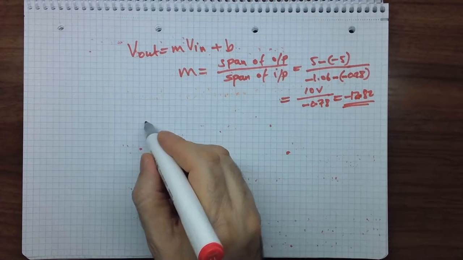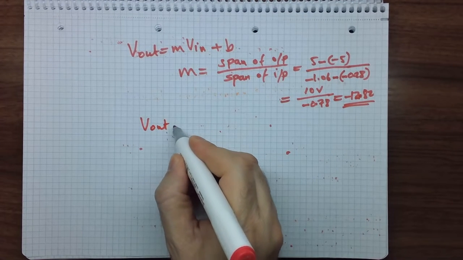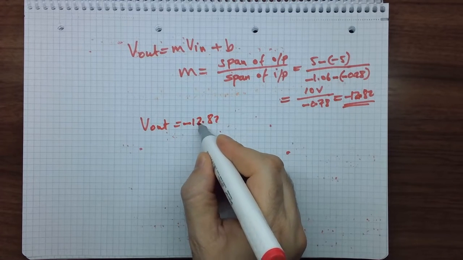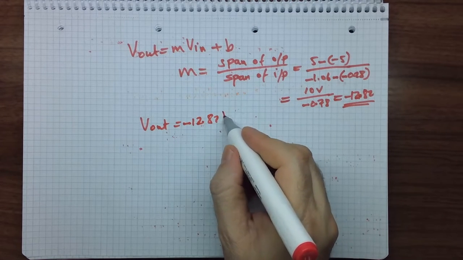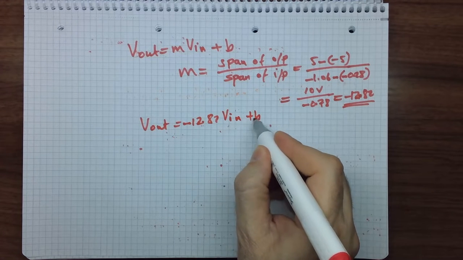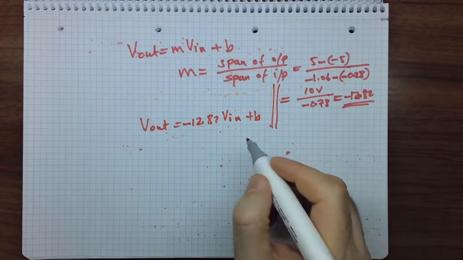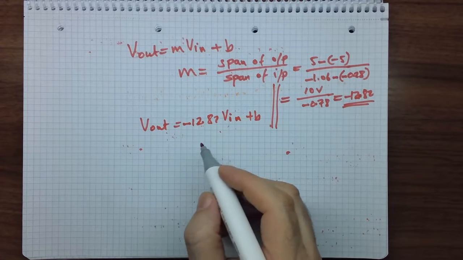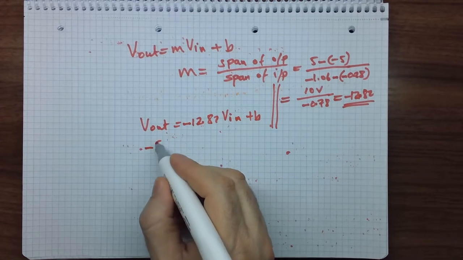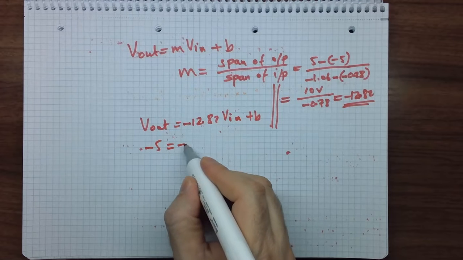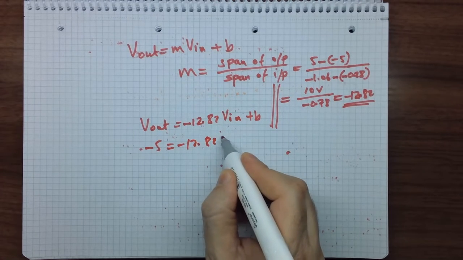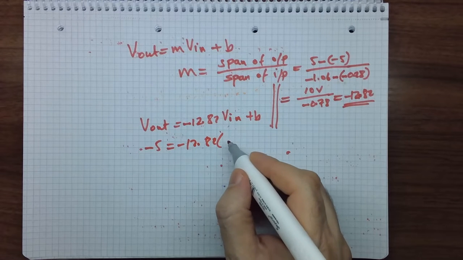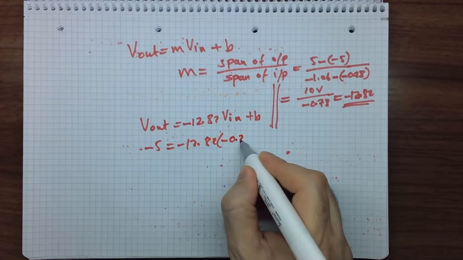Now we have Vout is equal to minus 12.82 times Vn plus B. Substitute the first value, for example, when the output is -5, the input is equal to minus 0.28.